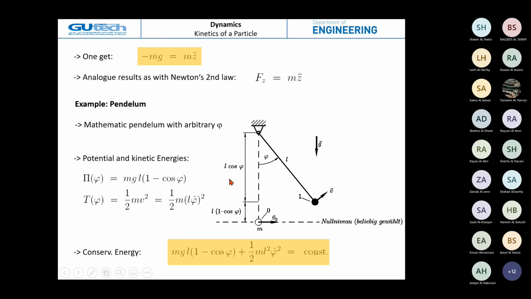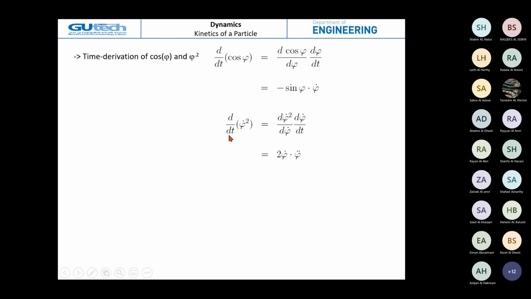Then if we take the time derivative, we have here d over dt of cosine phi. As cosine depends on phi, we apply what we call the chain rule.